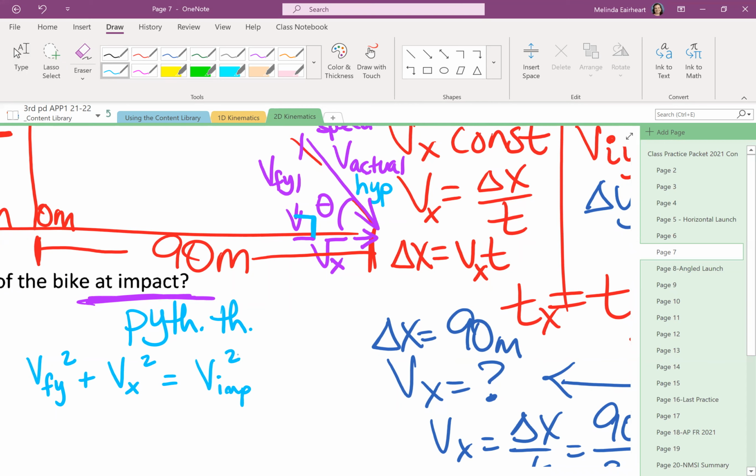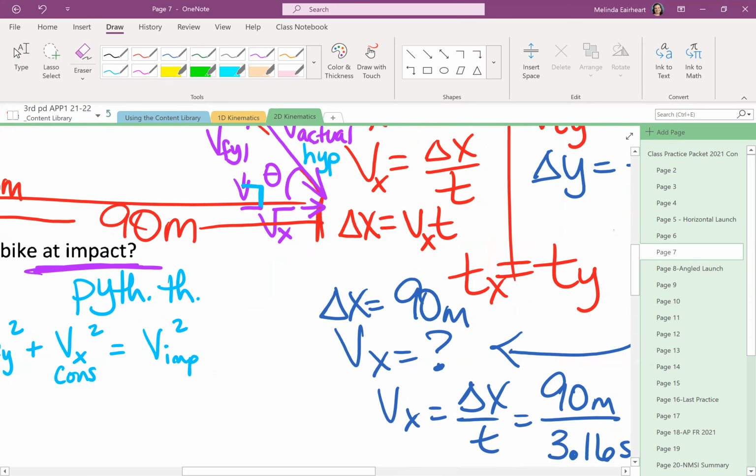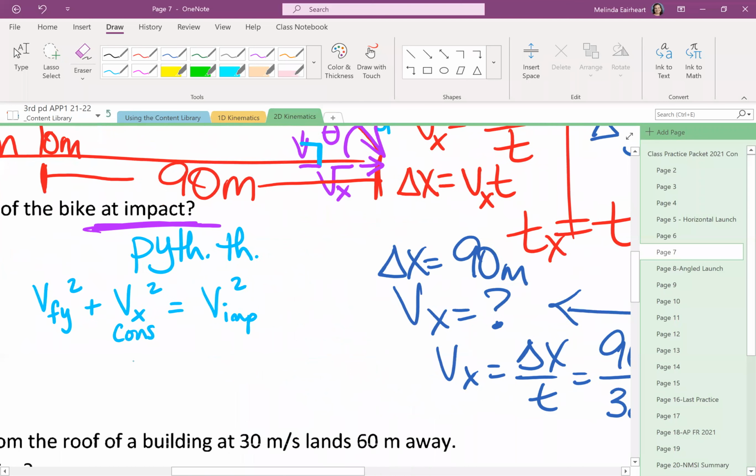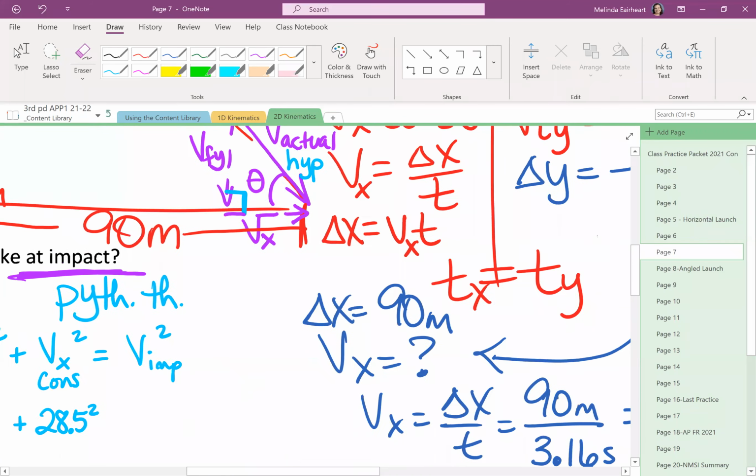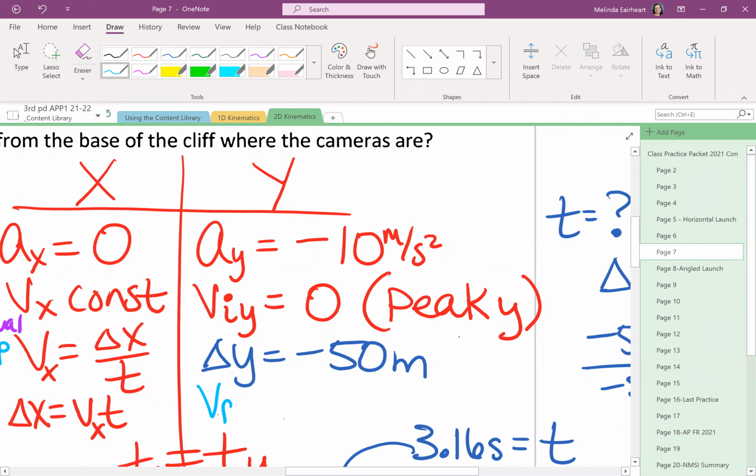And so remember, horizontal velocity is constant, and we already know this. We solved for it earlier. That was the 28.5. And so 28.5 squared, do we know the final vertical velocity? We know the initial was 0 if you go back to your table, but do I know the final?